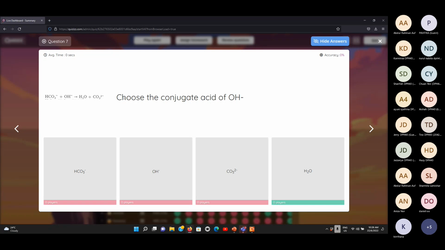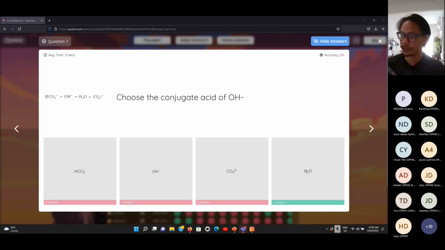So the conjugate acid meaning dia akan terima hydrogen. Okay, remember, bila dia cakap tentang conjugate acid, that means a species yang telah menerima hydrogen. So kat sini kalau OH minus ni terima hydrogen, you tambah H ya, dia akan jadi H2O.